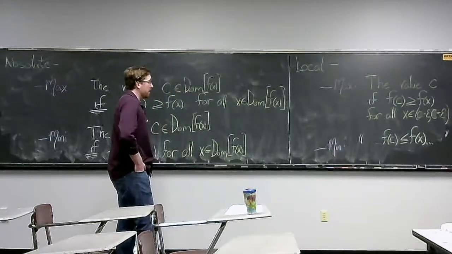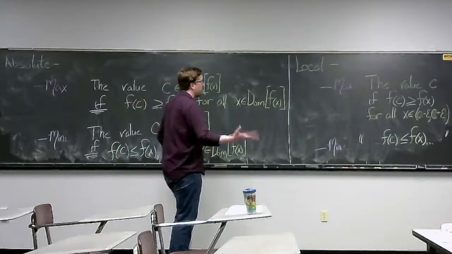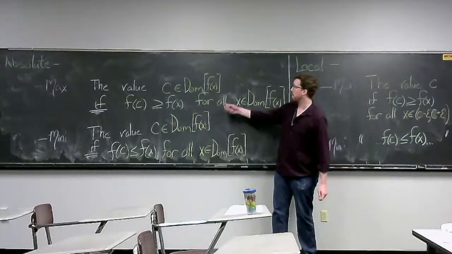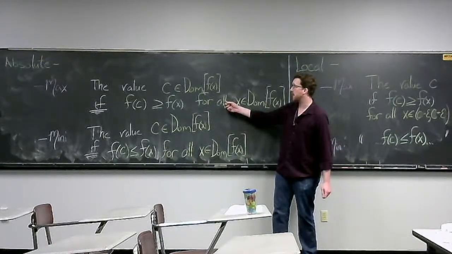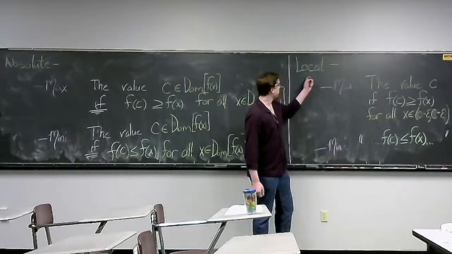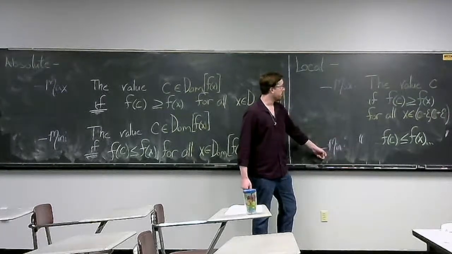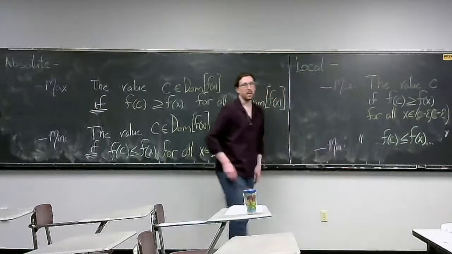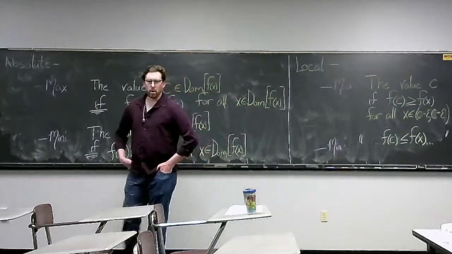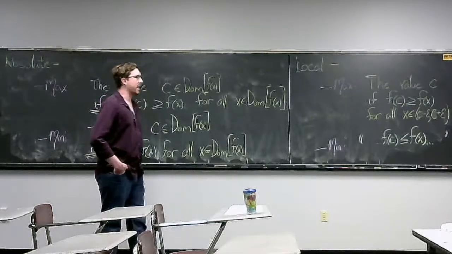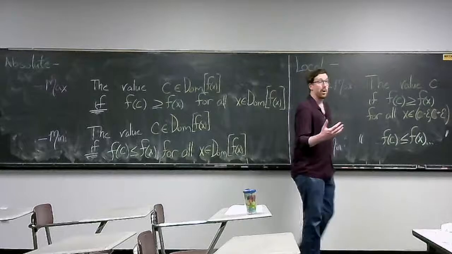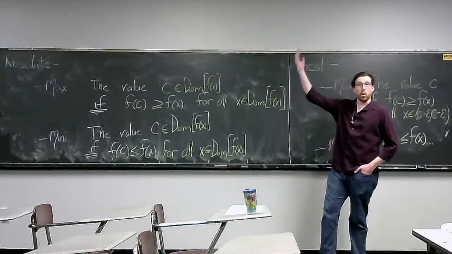On the other hand, we have the idea of a local min, which again, as with the difference between absolute max and min, the difference between local max and local min is just that the inequality flips, but everything else is the same. So absolute max is just that there is no other x value that gives you that large of a value or larger.